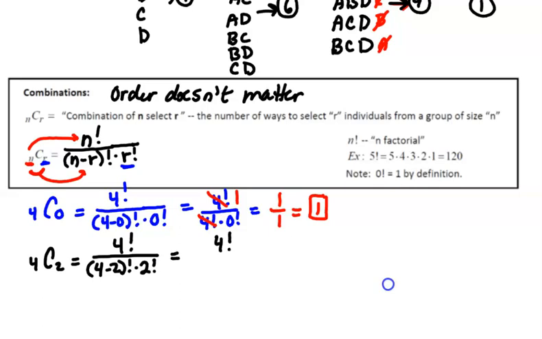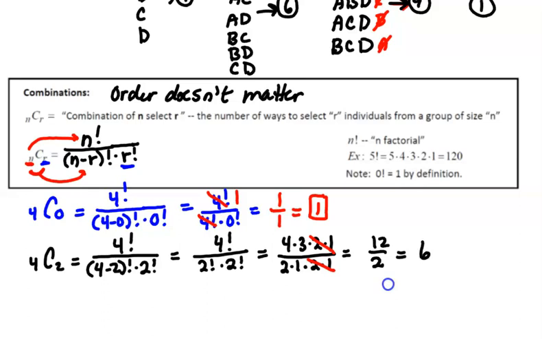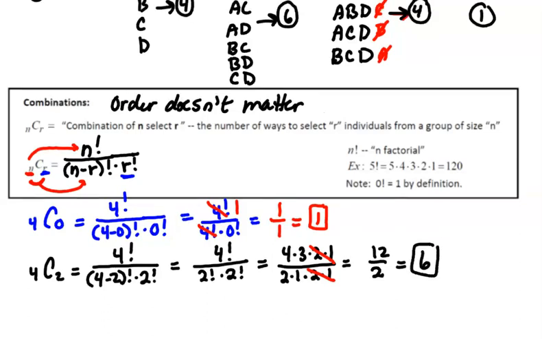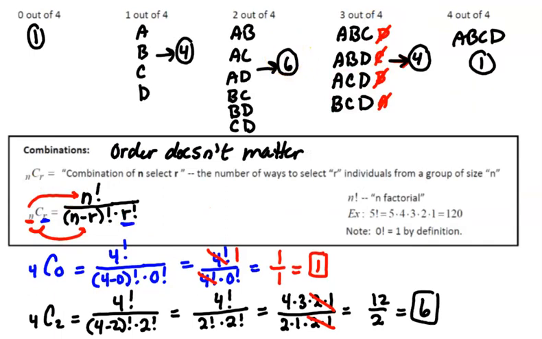So 4 factorial over 2 factorial times 2 factorial is 4 times 3 times 2 times 1 over 2 times 1 times 2 times 1. So what cancels out? 2 times 1 and 2 times 1. What do I have in the numerator? 12. In the denominator, I have 2. So we get 6, which is exactly what we expected to get from what we had done up here when we listed and counted them.